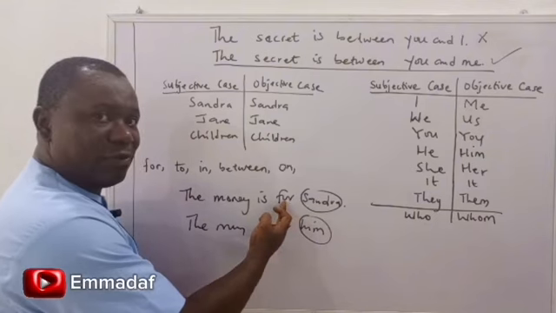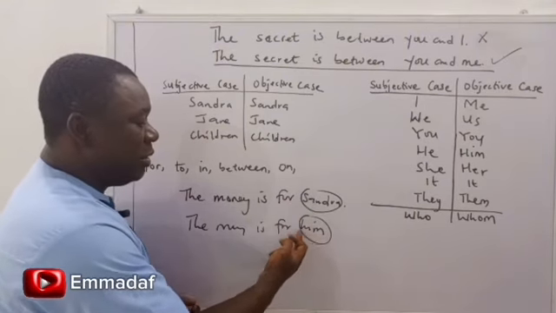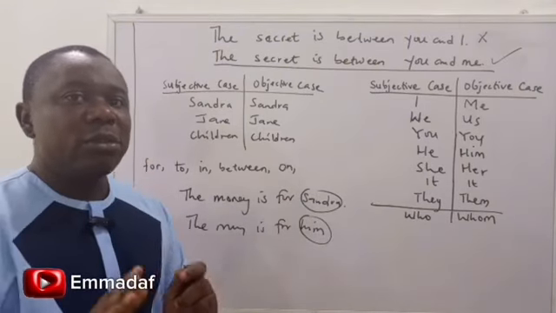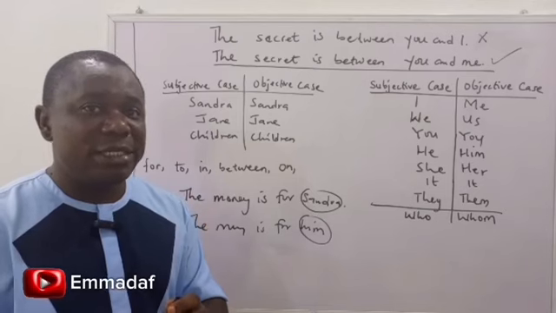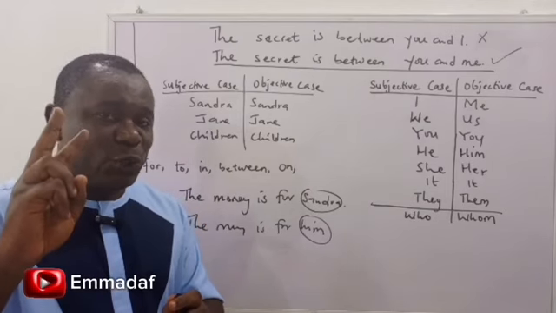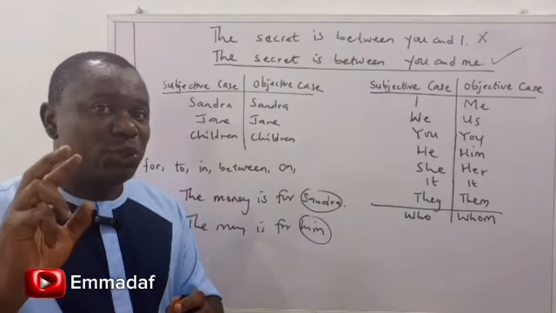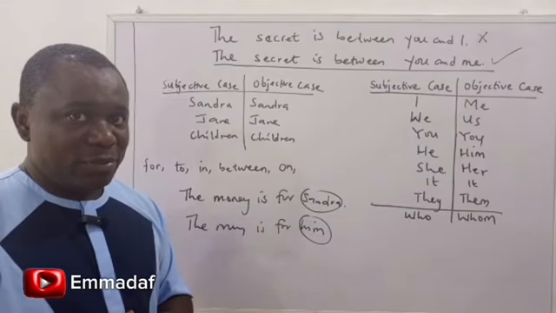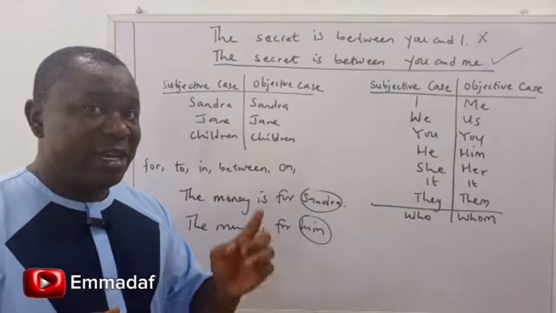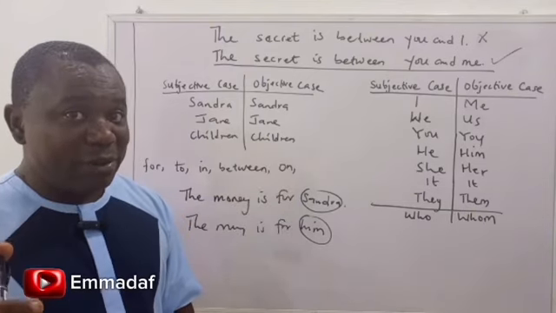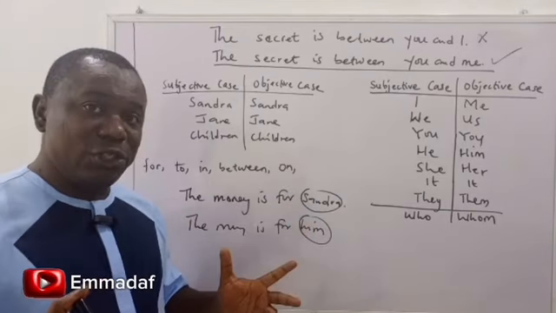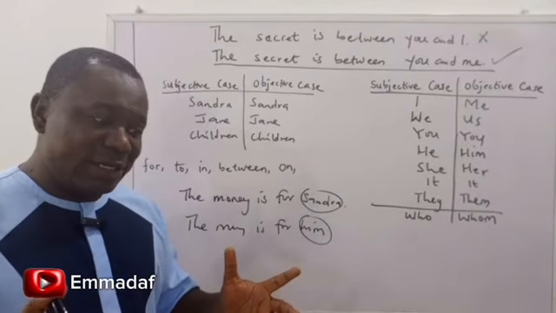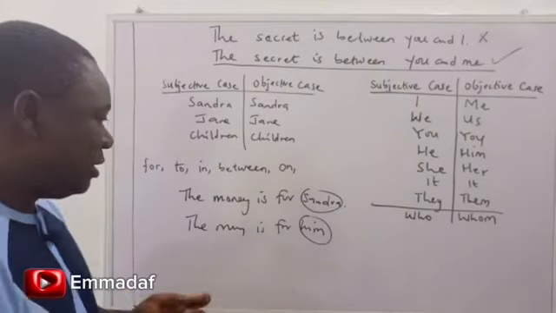Sandra is the object of this preposition. Him is the object of this preposition. Sometimes in sentences, you may have two nouns or two pronouns that are following the preposition. Sometimes too, you may have a noun and a pronoun following the preposition, and they function as the object of the preposition. Let's illustrate this.